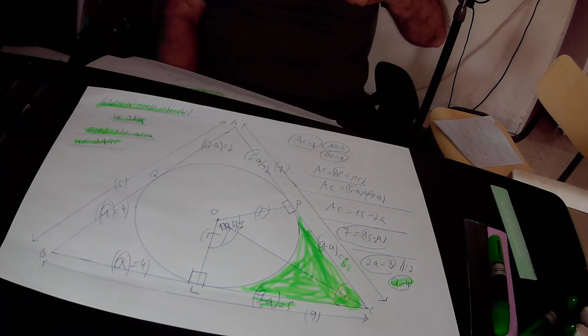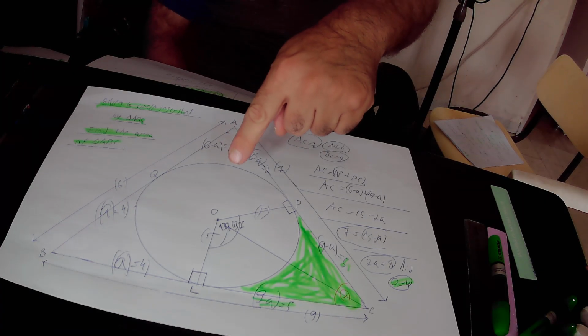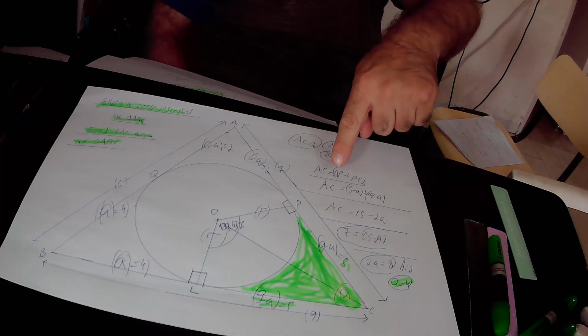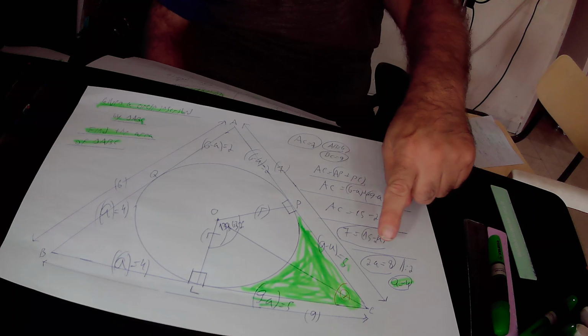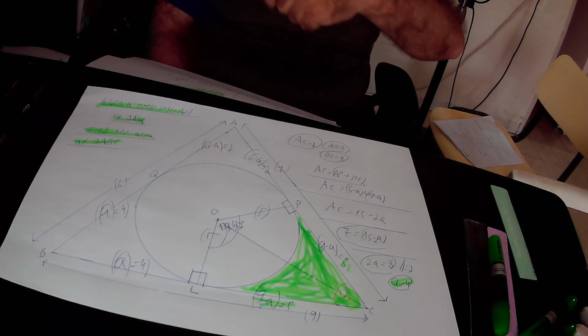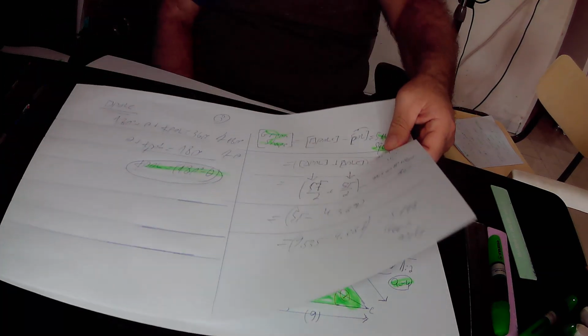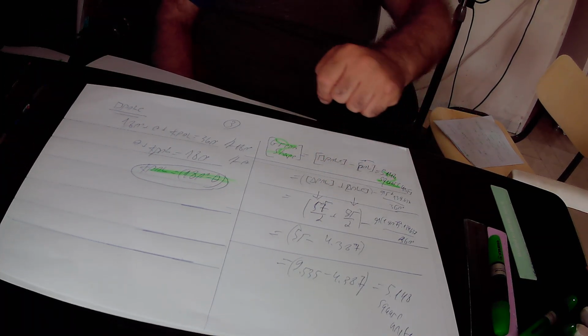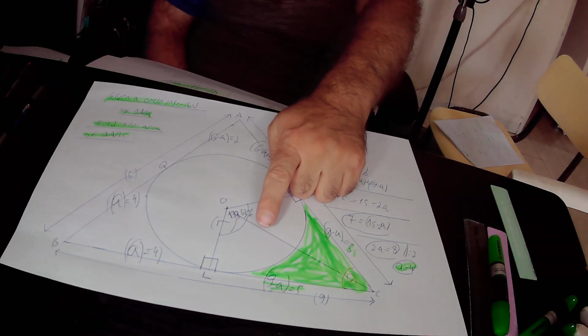The area of a triangle equals the base of the triangle times the height over 2. So the area of the right triangle OPC equals the base PO, that is R, times the height PC, that is 5, over 2. So in total, the area of this right triangle OPC equals 5R over 2, plus the area of this right triangle OLC.